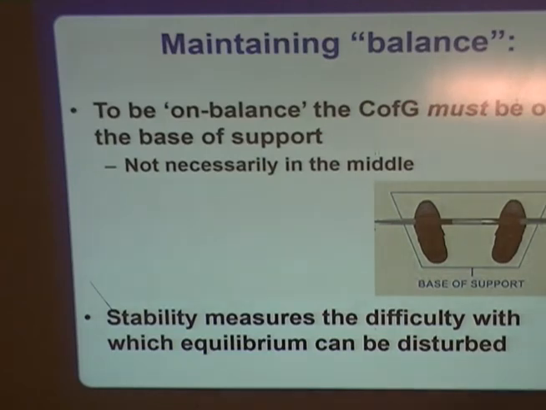So we use this idea of the center of gravity and the base of support all the time in movement skills. We just don't cognitively correlate the idea to the movement. We just do it. But that's what the class is about.